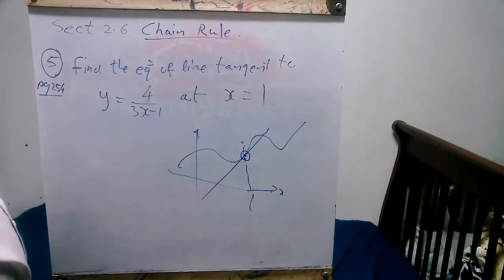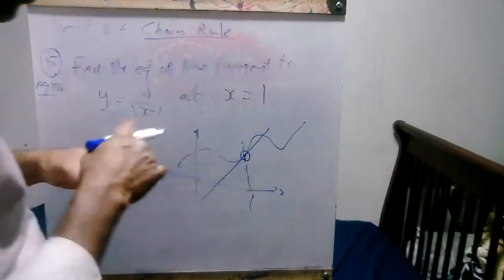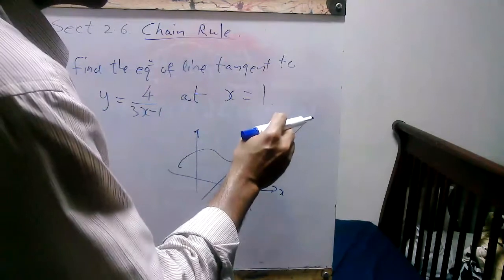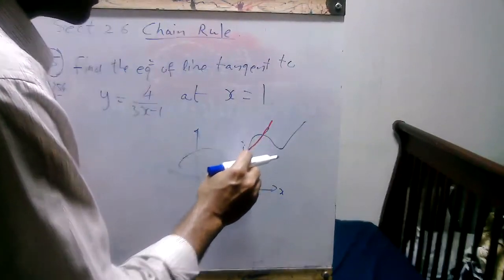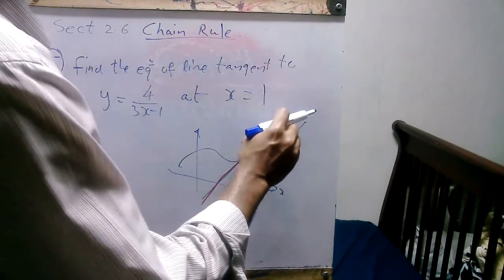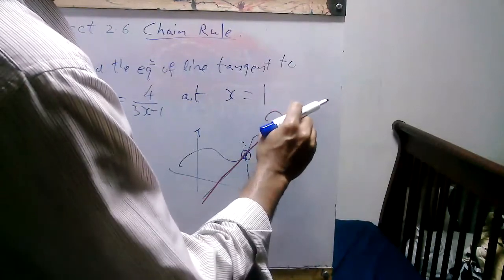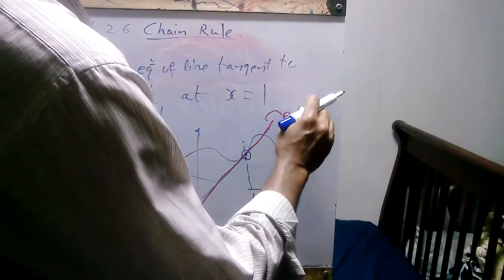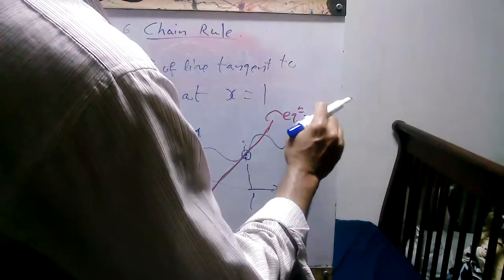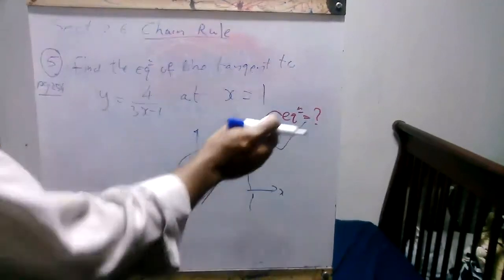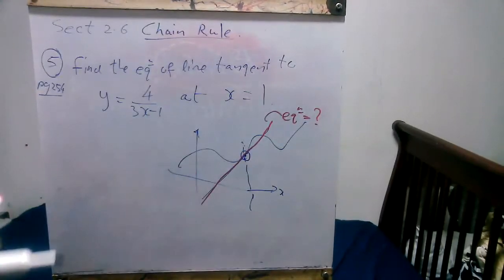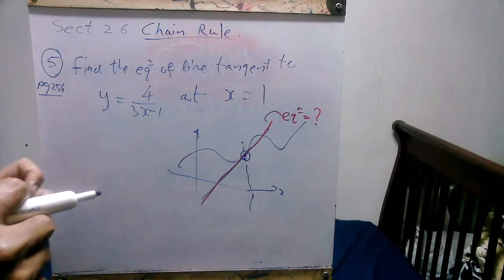Now, let me do it in red. We want to find the equation of this red line. It's a straight line.